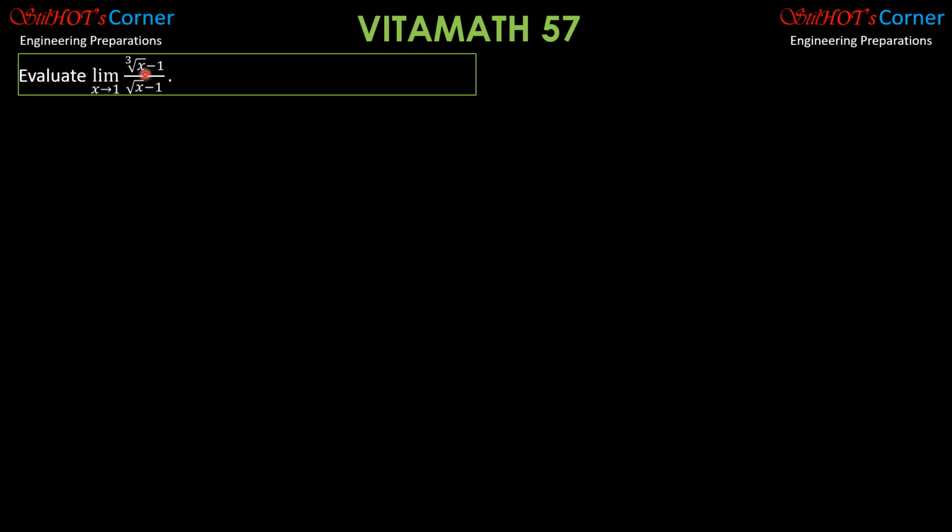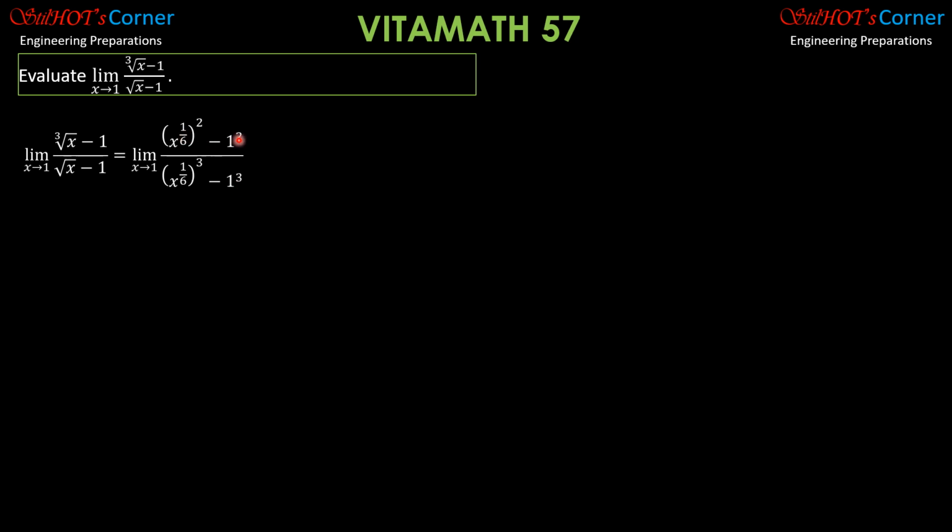Let's make the numerator a difference of two squares, so x to the 1/6 quantity squared minus 1 squared, while the denominator, let's make it a difference of two cubes, so x to the 1/6 quantity cubed minus 1 cubed. So the limit as x approaches 1 of cube root of x minus 1 over square root of x minus 1 equals the limit as x approaches 1 of x to the 1/6 quantity squared minus 1 squared over x to the 1/6 quantity cubed minus 1 cubed.